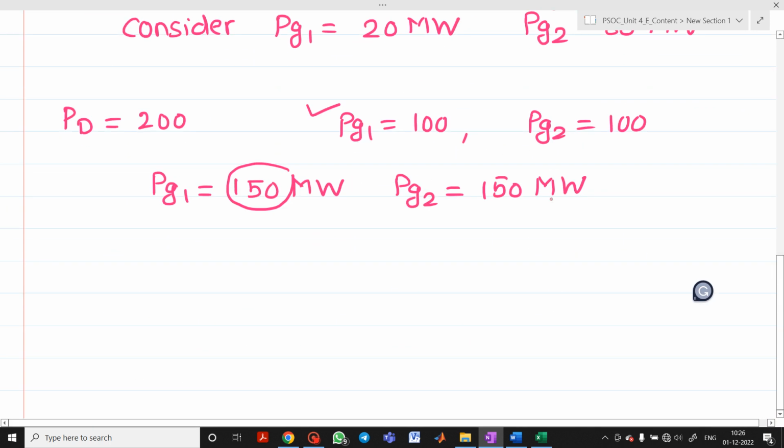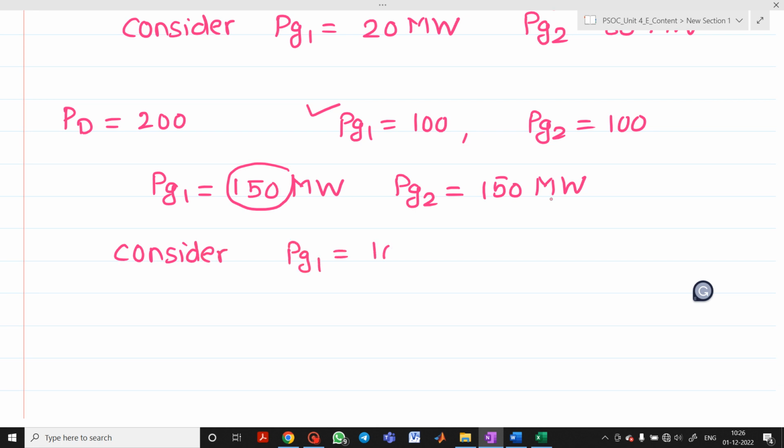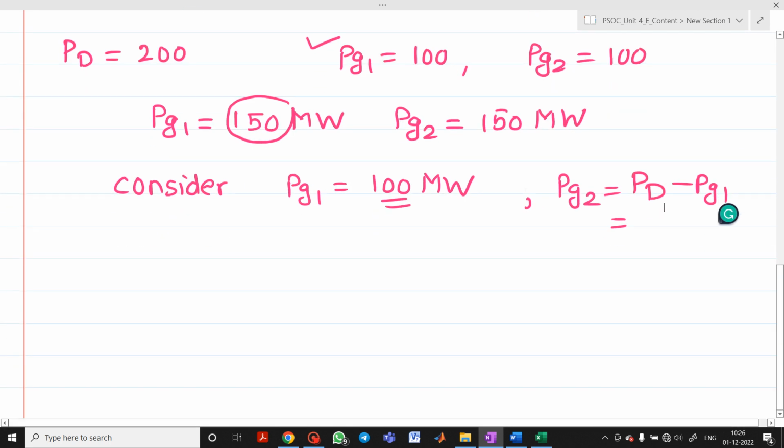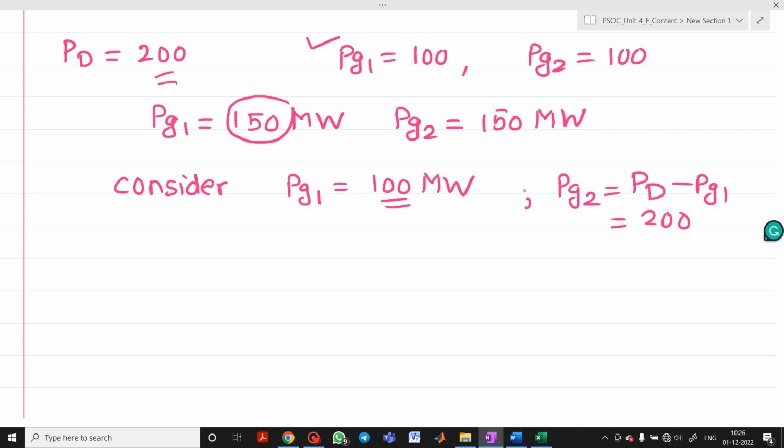So I need to consider that generator 1 will produce only 100 megawatt, the maximum power it can produce, and the remaining power, PD minus Pg1, will be produced by generator G2. So it will be 200, because this is the demand, minus 100, so it will be 100 megawatt.